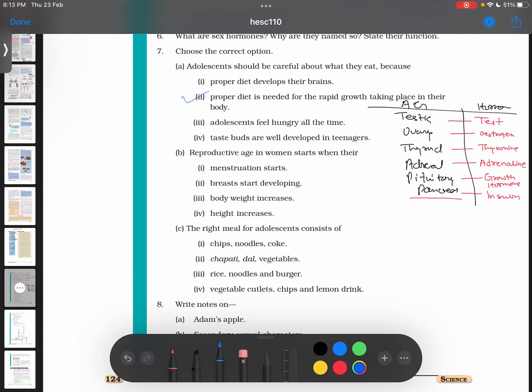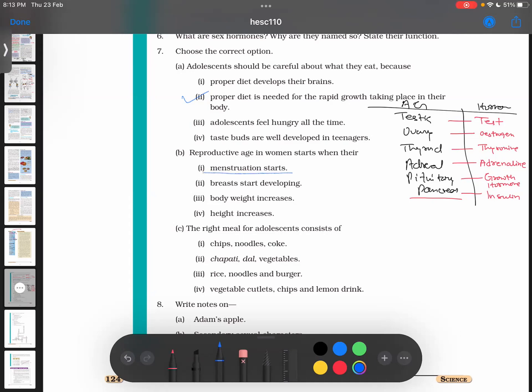Reproductive age in women starts with their... Sir, menstruation starts, I guess. Menstruation starts, right?